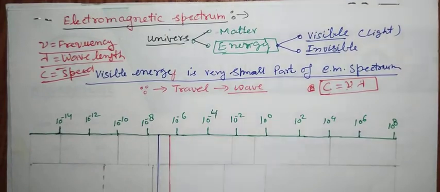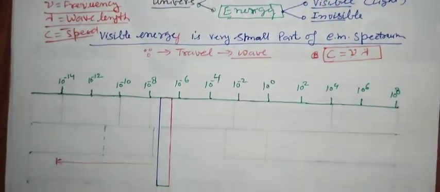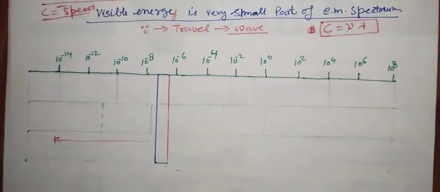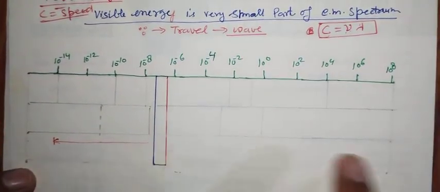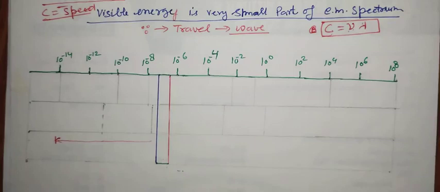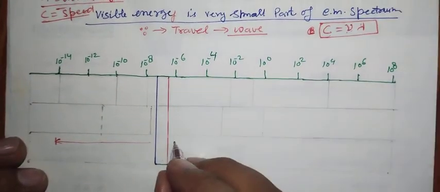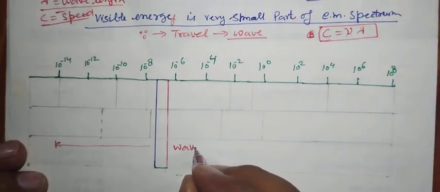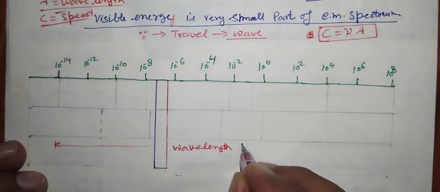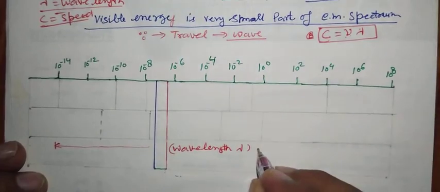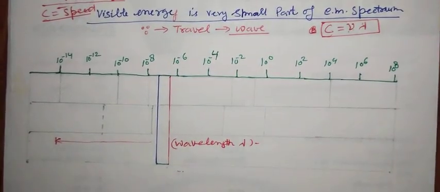Here is a diagram to understand the complete electromagnetic spectrum. In this electromagnetic spectrum, when we move from left to right in the diagram, its wavelength lambda increases.